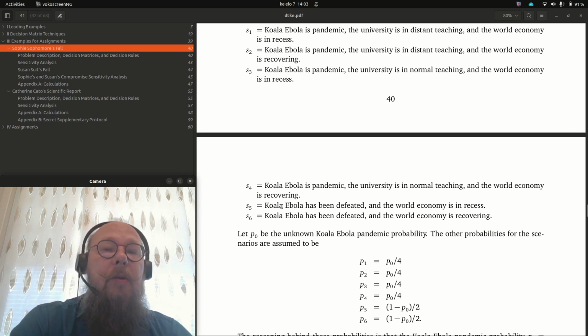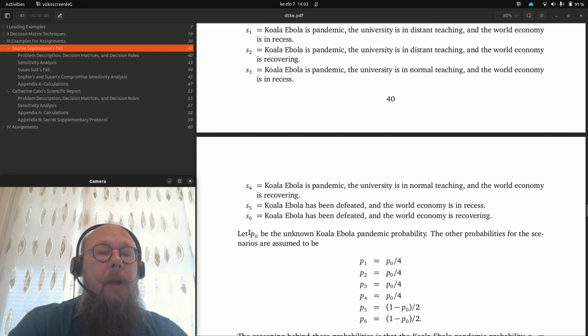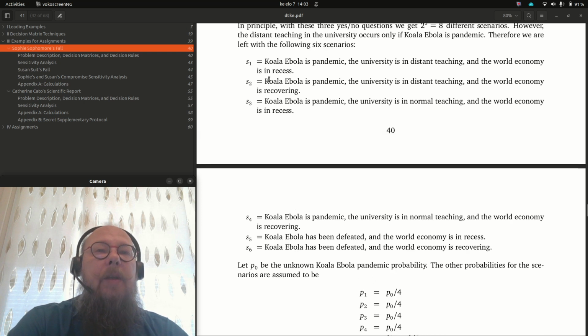Since it's difficult to say what is the probability that koala Ebola is pandemic, we make it an unknown sensitivity parameter, call it P0. So P0 will be the unknown koala Ebola pandemic probability, and then using the maximum entropy principle again, we say that for the koala pandemic scenarios S1, S2, S3, S4 are equally probable, so each of them has probability P0 over 4.